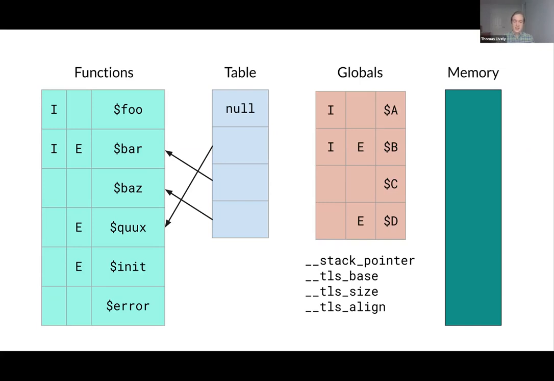All of the address-taken variables in C or C++ or Rust or any of those languages would go in that in-memory shadow stack, we call it. And so we have this stack pointer that is exactly like a normal native stack pointer register. And then we also have a few globals for managing TLS, thread-local storage. But that's really it. There aren't many globals.